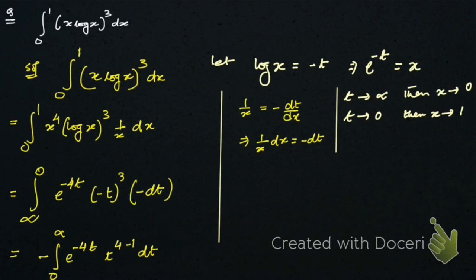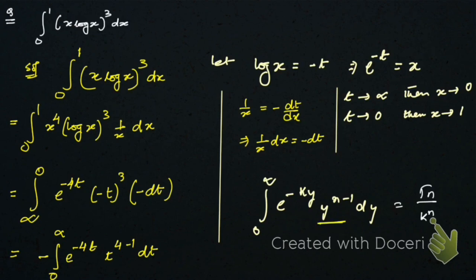So now here we're going to apply this identity: the integral of e to the power minus ky, y to the power n minus 1 dy, is gamma n by k to the power n. In this expression, this 4 can be compared with k, and this 4 can be compared with n. Then its result will be, with the minus sign, minus gamma n, where n is nothing but 4.